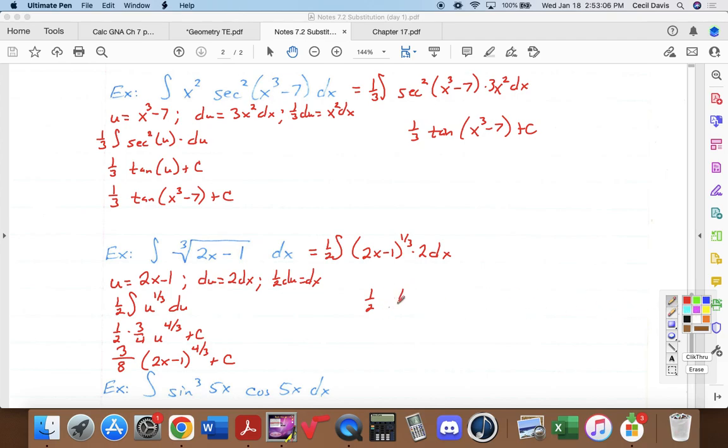Taking the antiderivative of the 1/3 power, that'll be to the 4/3 power times 3/4, which is exactly what we got by doing the U substitution. Okay?